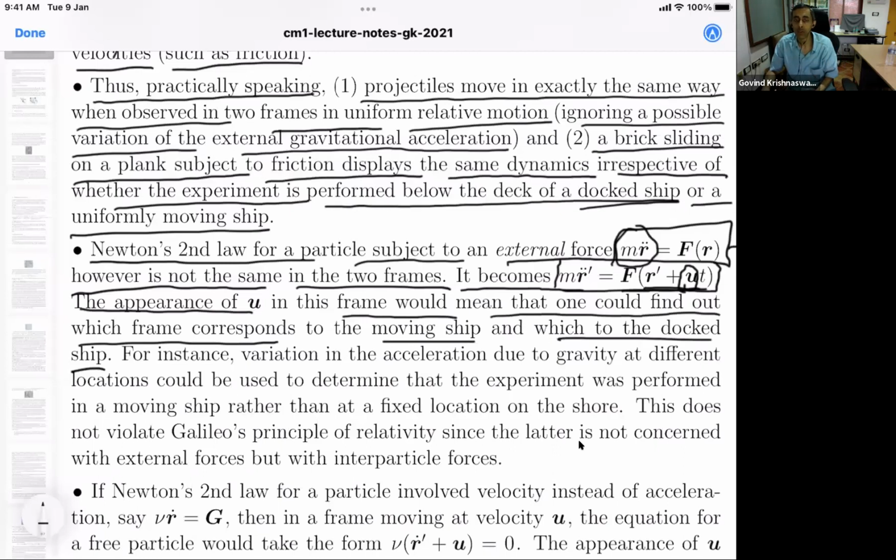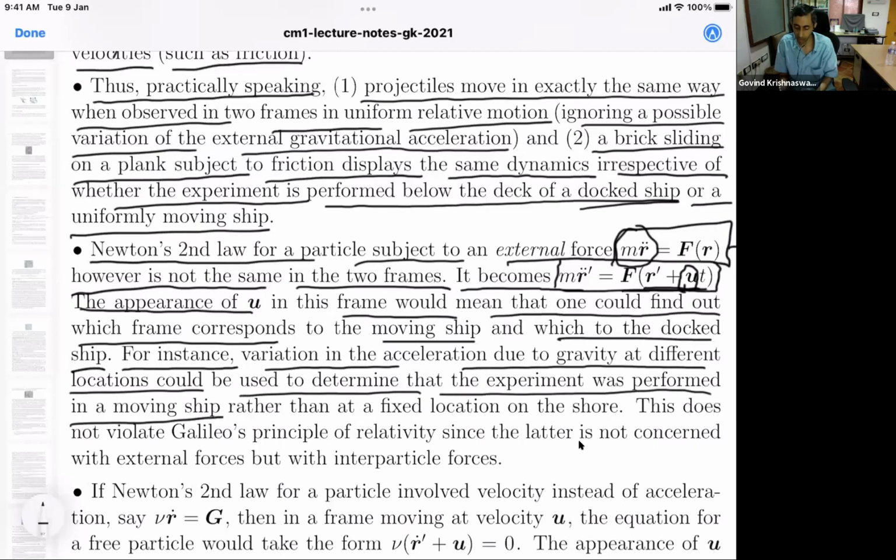And you could use that variation of acceleration due to gravity to detect the motion of the ship, even if the ship was moving uniformly. Okay. So just to say that once again, for instance, variation in the acceleration due to gravity at different locations could be used to determine that the experiment was performed in a moving ship rather than on a ship that is at a fixed location on the shore, in the dock.